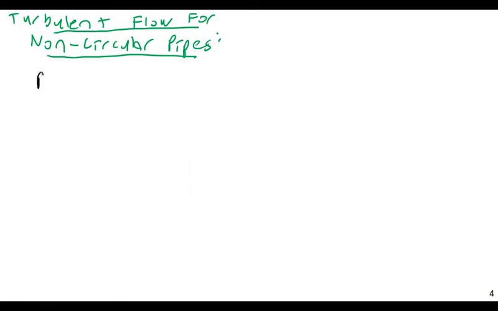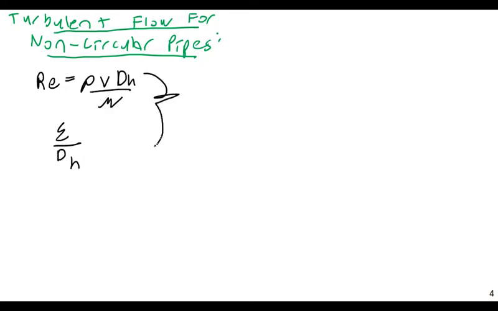So the Reynolds number is equal to rho v dH divided by mu, and our relative roughness will be epsilon over the hydraulic diameter, epsilon over dH.